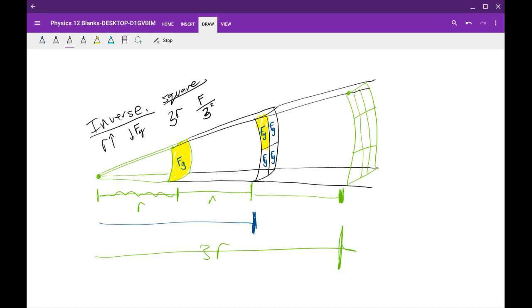So the amount of gravitational force you had here needs to stretch over 9 times more area. Therefore, if my R becomes 3 times further, the intensity of the gravitational force becomes 9 times less intense. That's just a consequence of the geometry of a sphere.